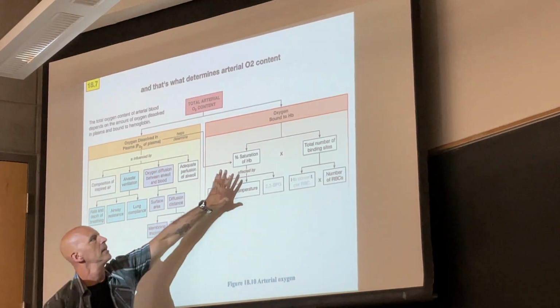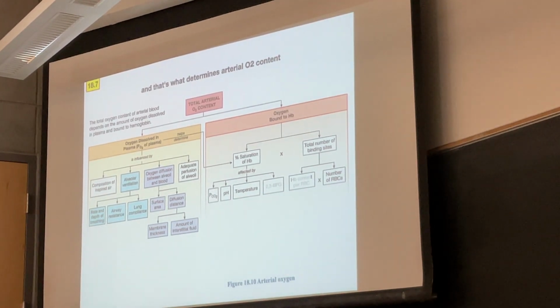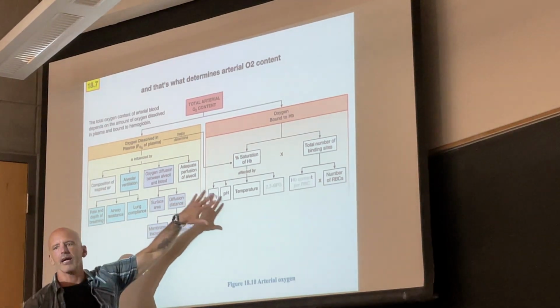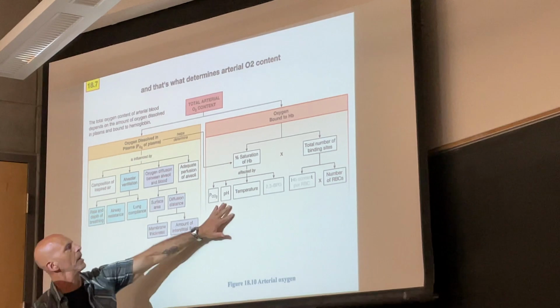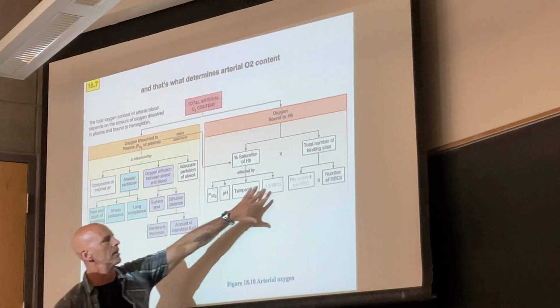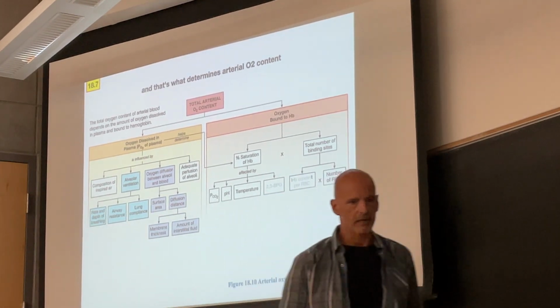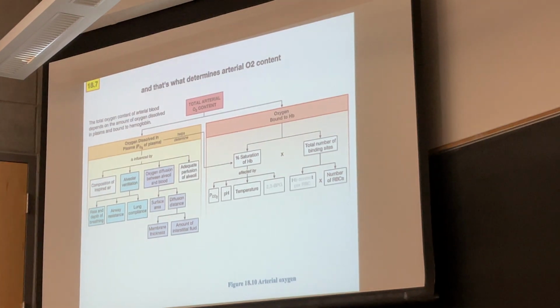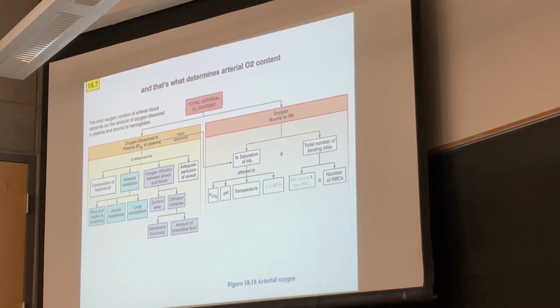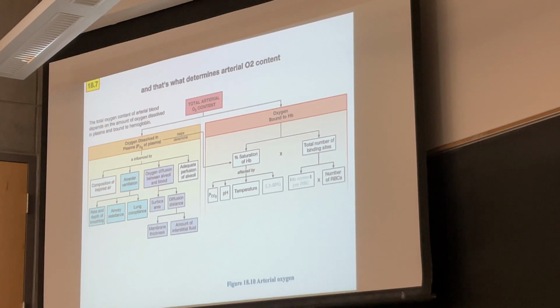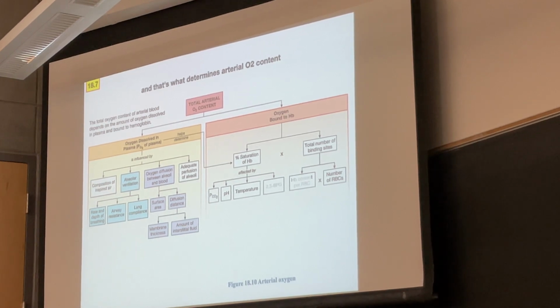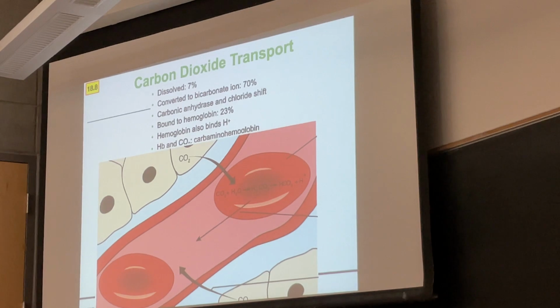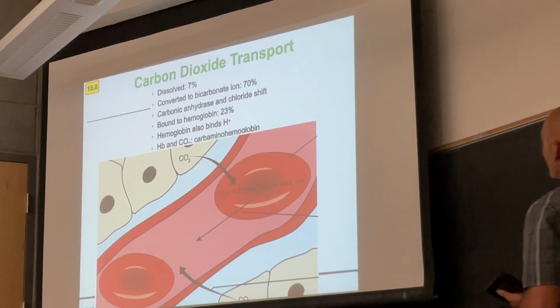And then here, we have this percent saturation, oxygen bound to the hemoglobin, which is going to depend on the concentration over here, but also these other factors right here. We're not going to talk about these other things that are grayed out. Okay? All right. That's just oxygen. Let's see how far we get here. I'm going to do this next time.